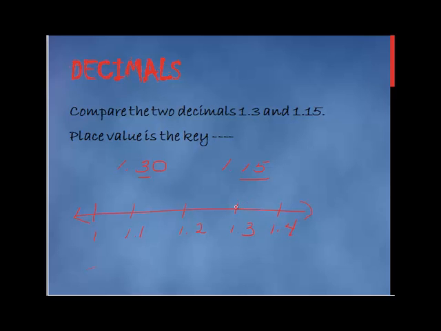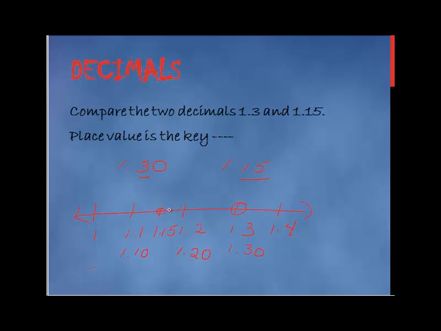Now we see that 1.3, even though we have a 0, we can write it down here, 1.30. We see that it's here on the number line. Well, 1.15, if this is 1.10 and 1.20, then it will be in between the 10 and the 20. So we will place 1.15 on this number line here and mark it.